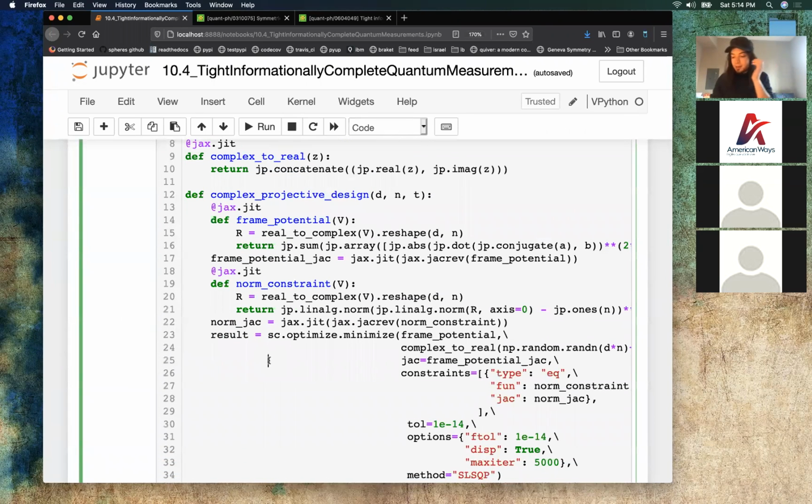People use a giant supercomputer, like at the University of Massachusetts, to calculate SICs up to, I don't know, dimension something or other. I think it's less than 200 though. It's very complicated. And in this era when we only have a few qubits, it's not that big of a deal.